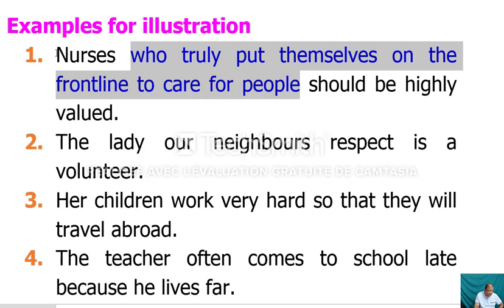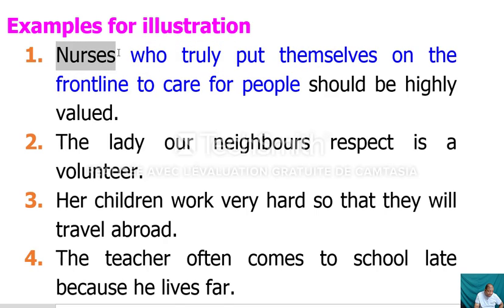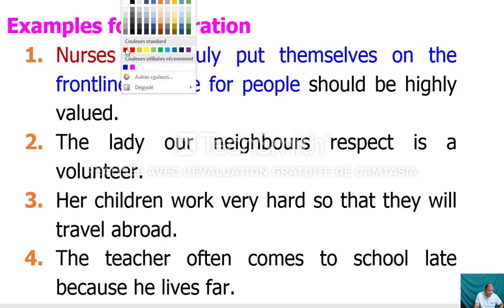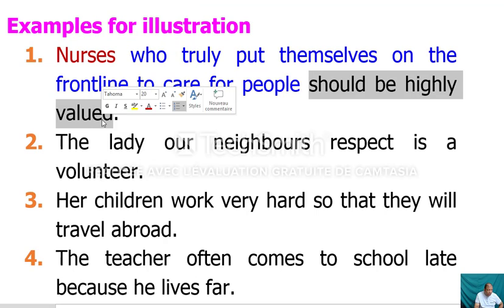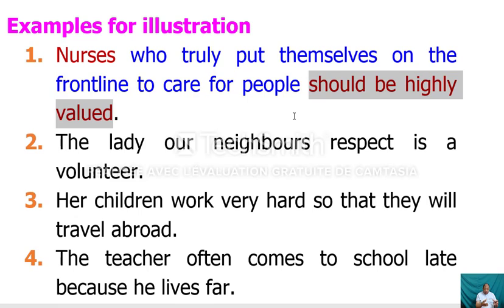But if we take nurses and should be valued, this is independent. So this sentence with an adjective clause, what do we have?